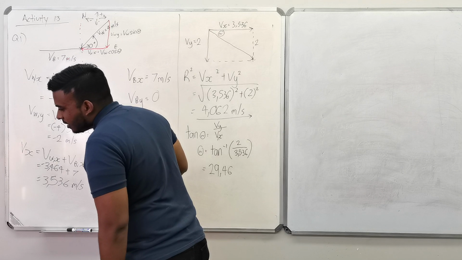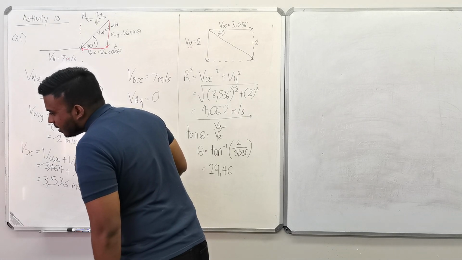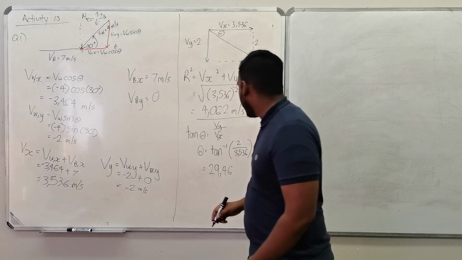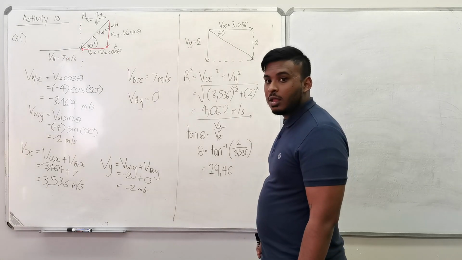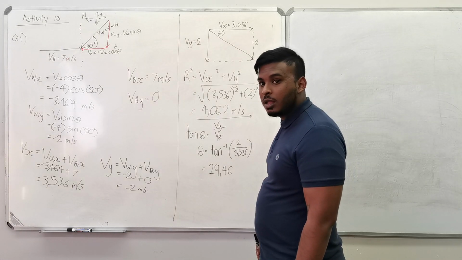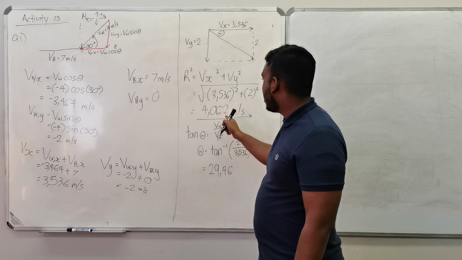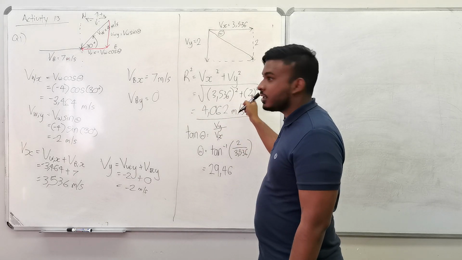Where are you getting that 4.062 from? I'm trying to find out where you get 4.062 from. The square root of this square plus that square.